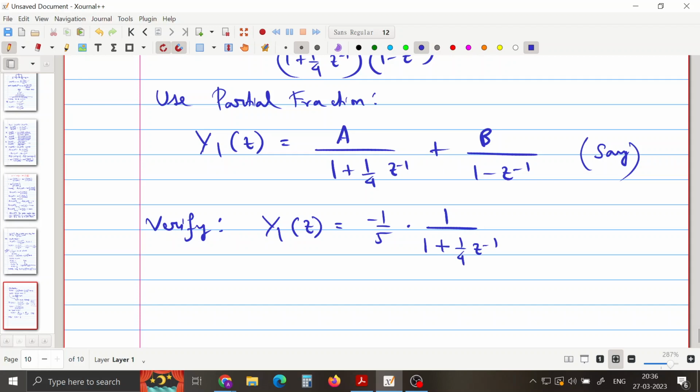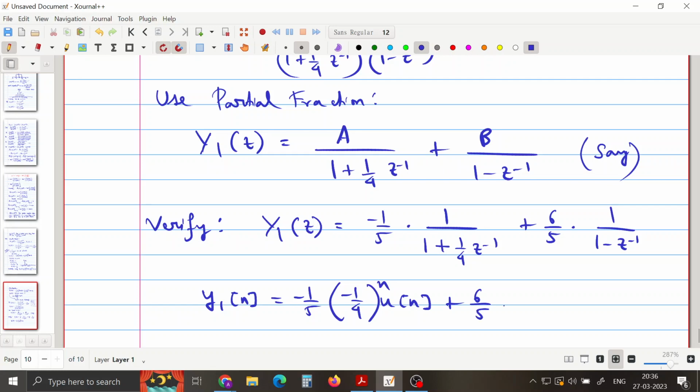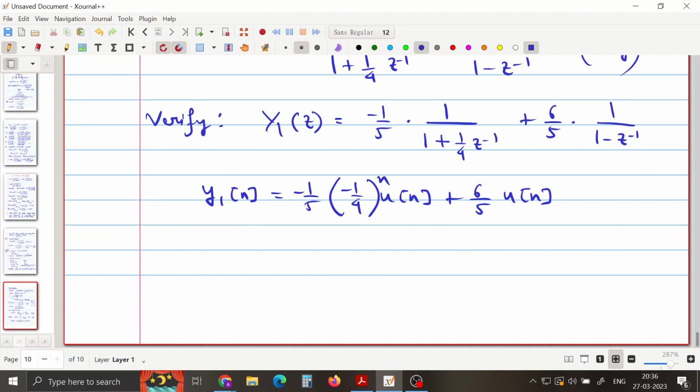Basically a is minus 1 by 5 and b is 6 by 5, like this. And now again it's just the inverse, using that inverse relation. So you have this plus this, and you can easily plot it also.